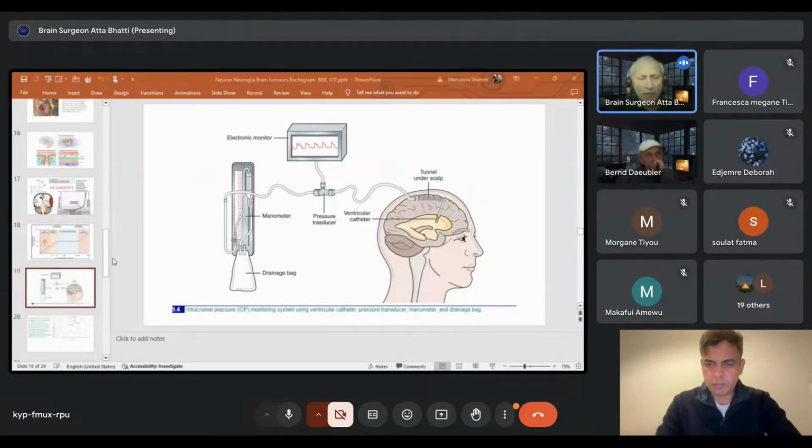In a ventilated patient, if you wash out the carbon dioxide, the hyperventilation, the increased rate of ventilator can lead to some decrease in the ICP. So you do all sorts of things.